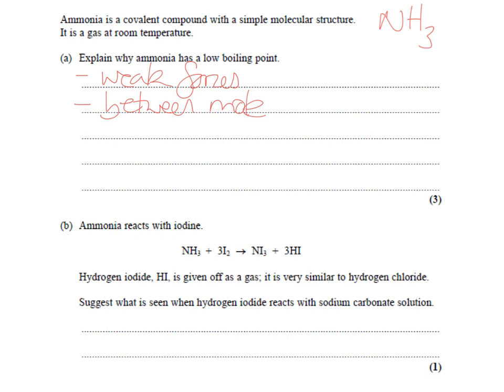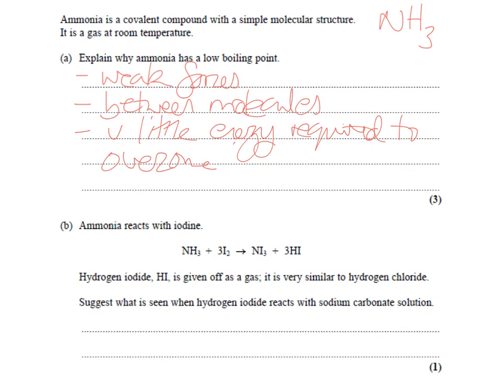So quite often they're called weak intermolecular forces. And if you wrote weak intermolecular forces on this question, you've already scored 2 marks. But we would talk about weak forces between the molecules, and that requires very little energy to overcome.